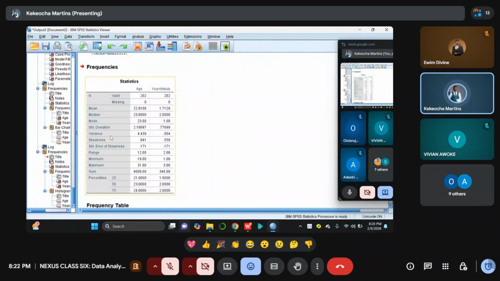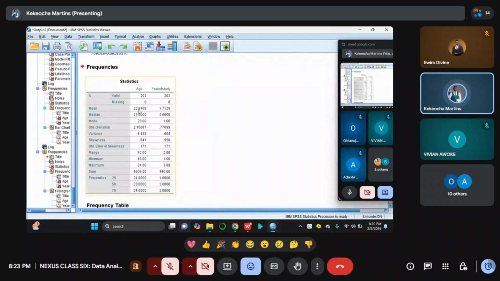Now, under estimation theory, we talked about point estimation, using a single value to make an inference. An example we used was using the mean age that you get from a sample. So for example, now we get a mean age of 22.816 from this research that we've done, from this questionnaire that we've entered there.